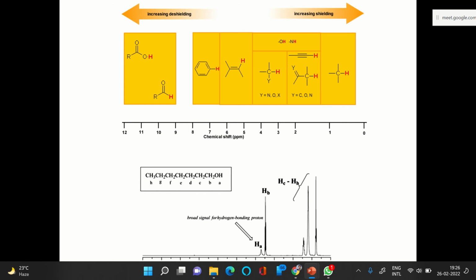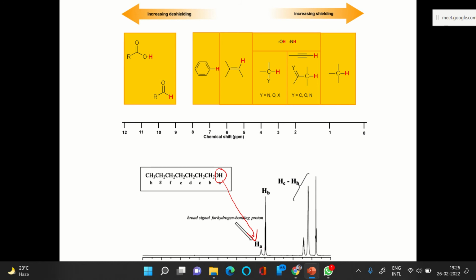What you see is a simple example over here, which is the case of the OH proton, this one. It is expected to appear at a higher chemical shift value. But besides that, because of intermolecular hydrogen bonding interactions, the peak is broadened.